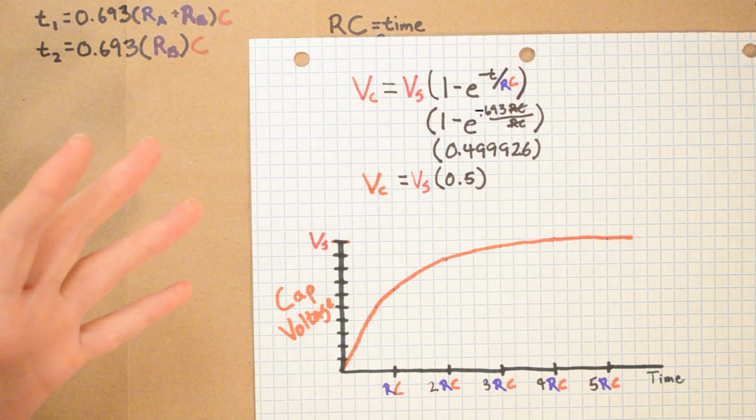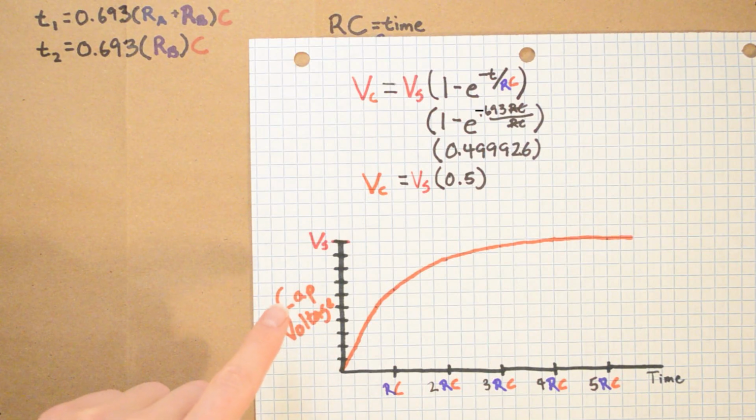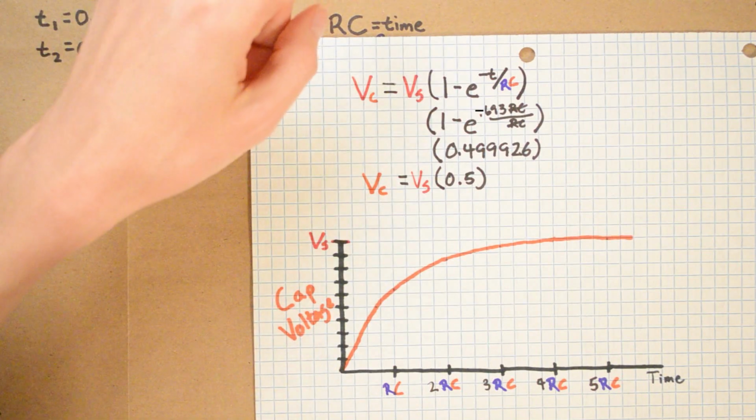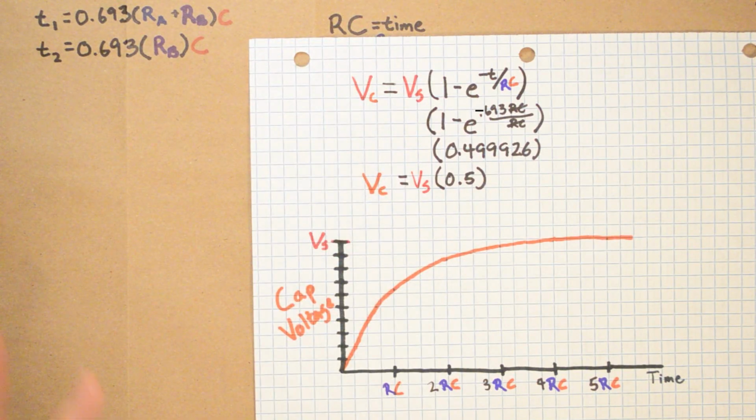So what's going on here? Remember that on the discharge side, it's going to discharge to 1/3 of the voltage source, and then charge back up to 2/3 of the voltage source. Still, things don't seem to add up, so let's take a different look at what actually is happening.